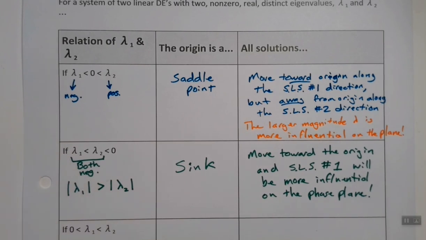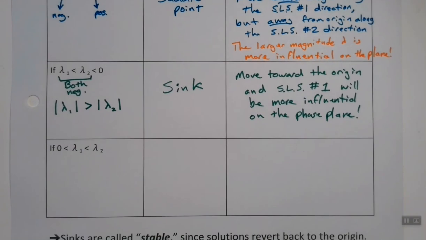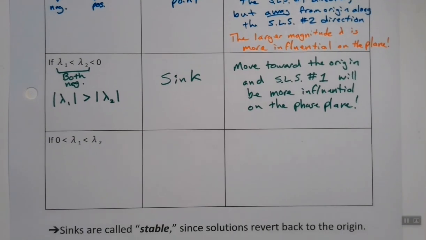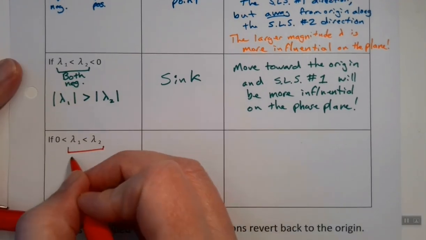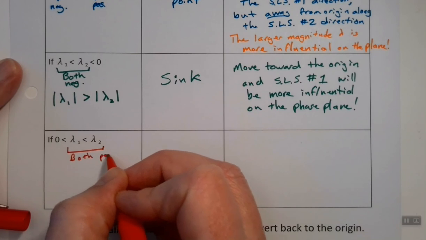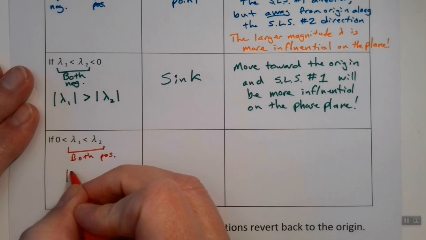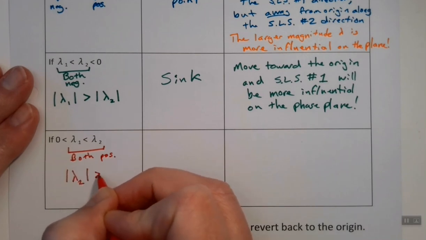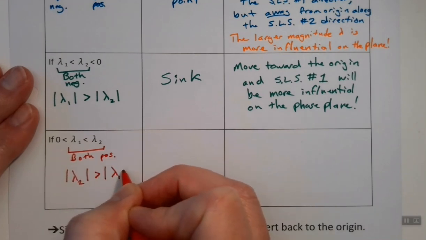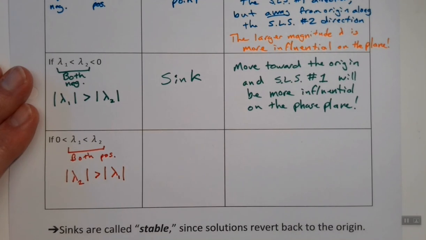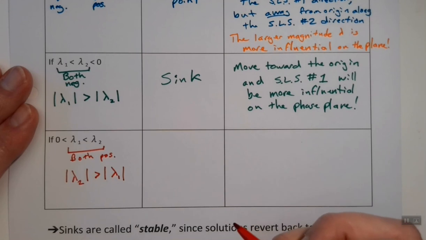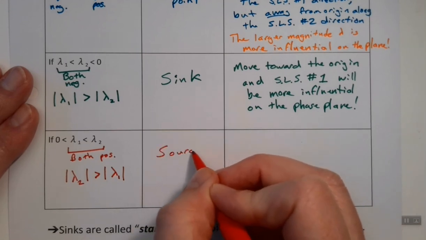And then last but not least, what happens if you have the other situation, which is both of them are positive, but one is definitely bigger than the other. That last possibility tells us that both are positive, but that the magnitude of lambda 2 is greater than the magnitude of lambda 1, which is good. Finally, lambda 1 loses out here. That means you have both positive, so you have a source at the origin.